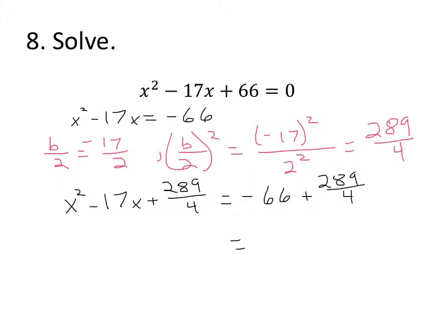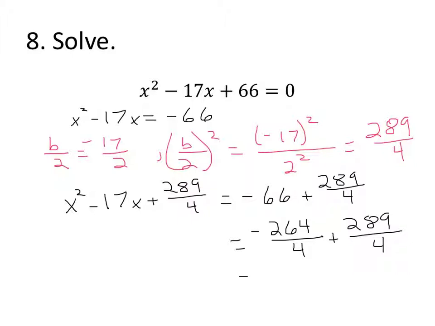On the right we need to multiply 66 by 4 so that we can have something over 4. In other words, we're getting a common denominator. So 66 is the same thing as 264 over 4, and then we still have the 289 over 4. The difference between 264 and 289 is 25.